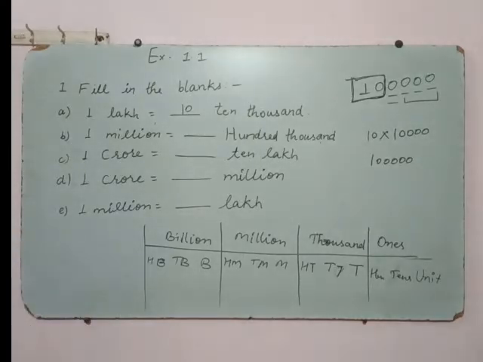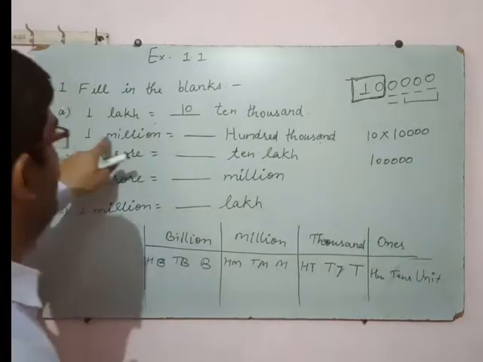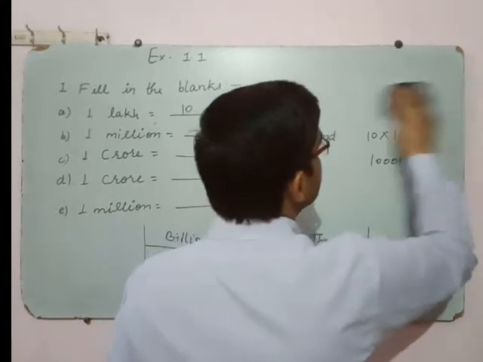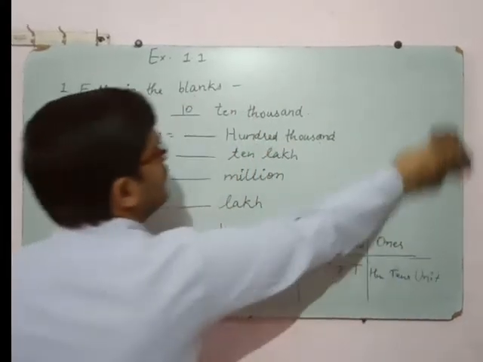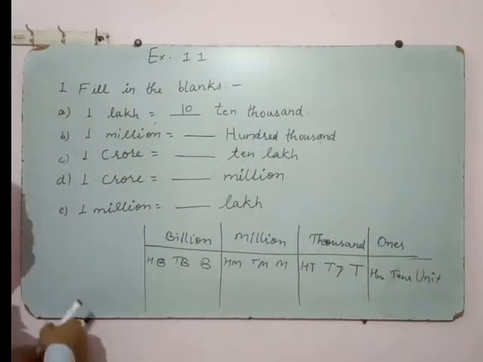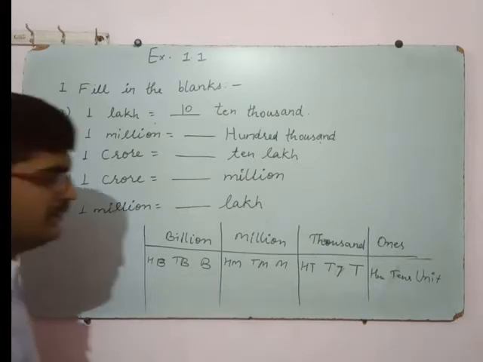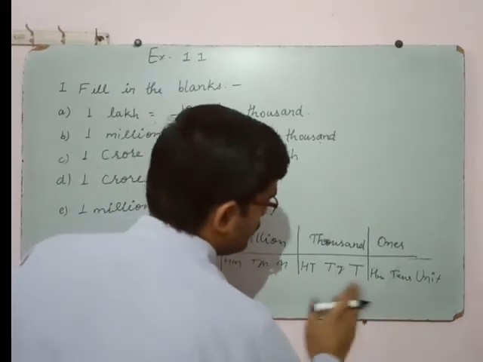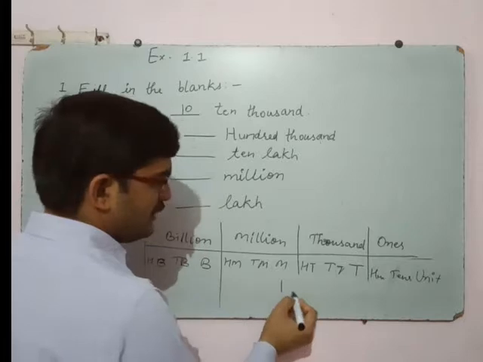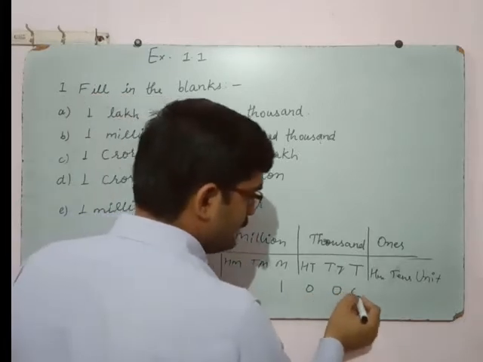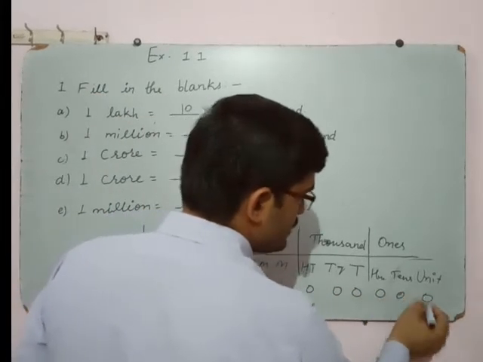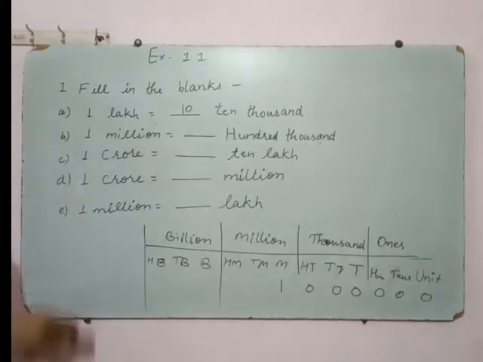The next, 1 million. In the international number system you will write 1 million. And you have to find out the 100,000.